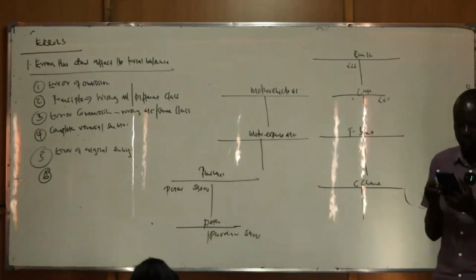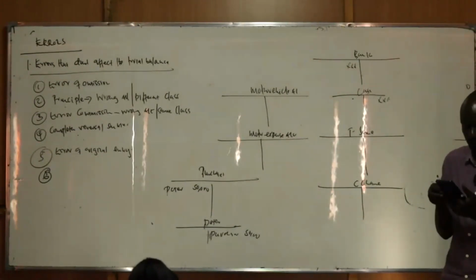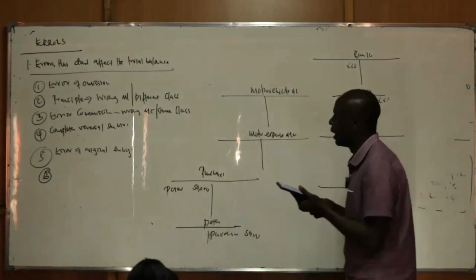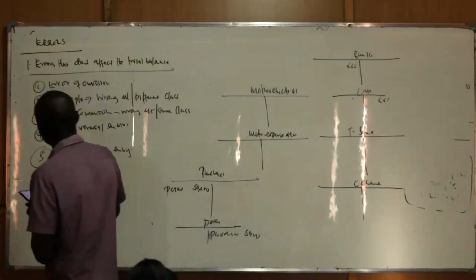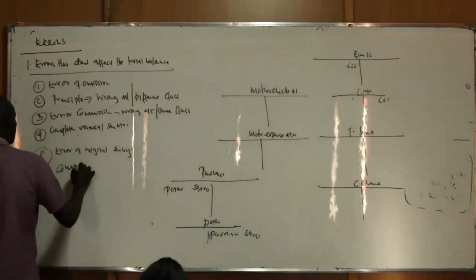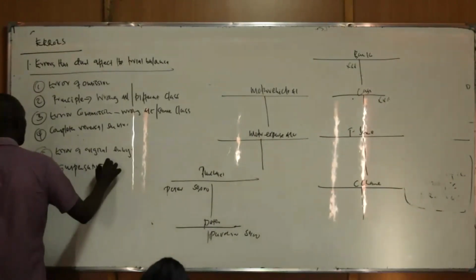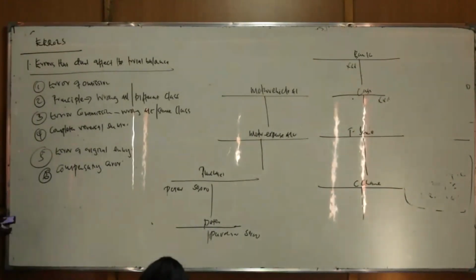Correct? So that is what we call compensating error. Those are the errors that do not affect the trial balance.